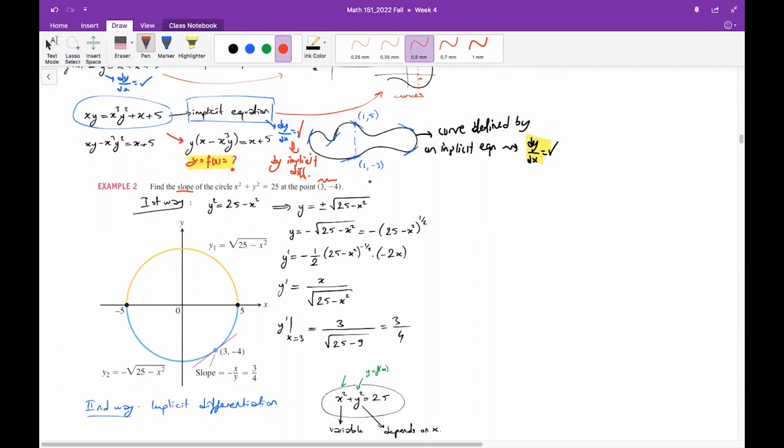So to compute the slope, recall, slope, let's denote it by m, is in fact dy over dx at the given point. For example, the given point is 3, and this gives us the slope of the tangent line at x equals 3, okay?